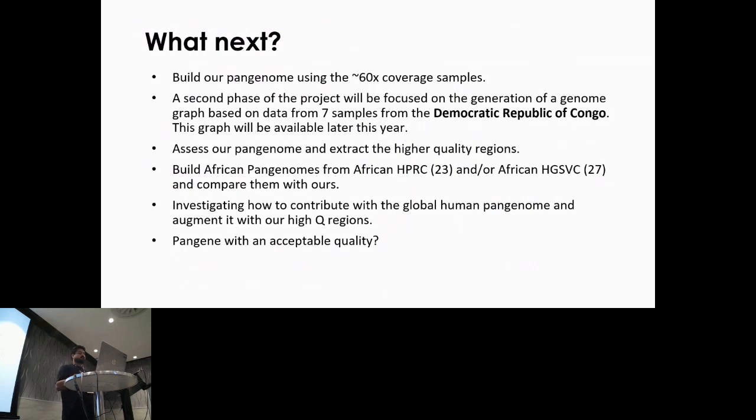We can also think about the concept of a pangene: if you have enough or acceptable quality for particular genes, we can extract them and provide them as a pangene. Yeah, thank you.